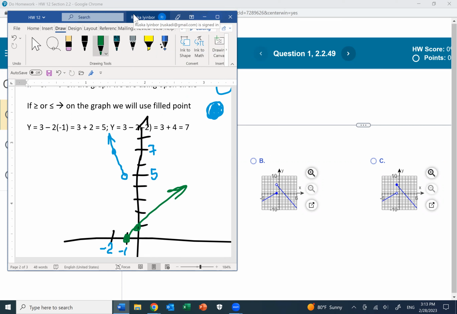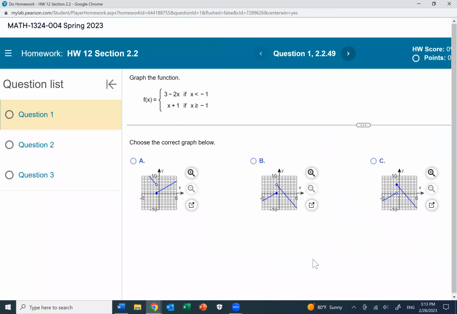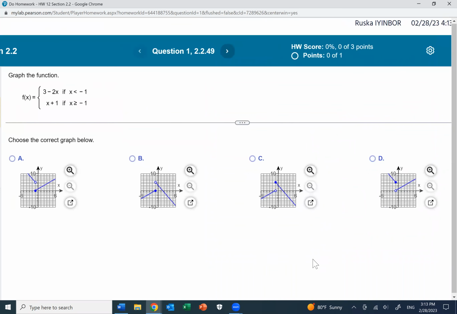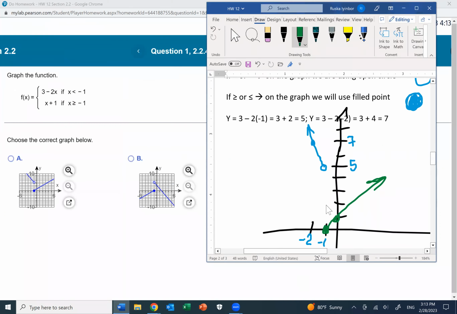Both of those are going up. So it looks like the first one, right? Let's double check if the last one is going up also. Okay, so A and D are possible right answers because, see, this is my graph again. It starts at -1, it's filled, and 1, 5, it's open.